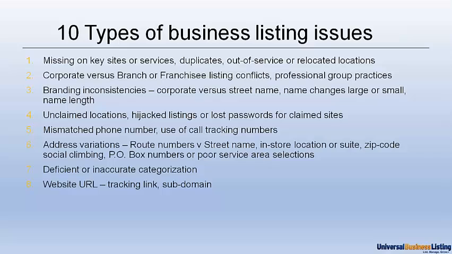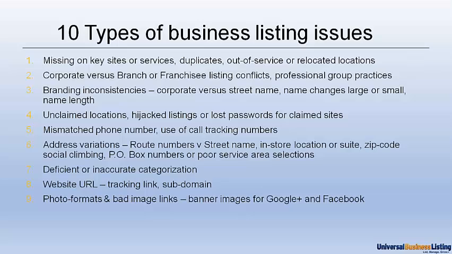Website URLs, often people will use subdomains of third-party directories or tracking links. Again, these can be confusing to publishers. Photo formats and bad image links. Obviously, if you're going to submit binary photo images, you need to make sure that those links are maintained.